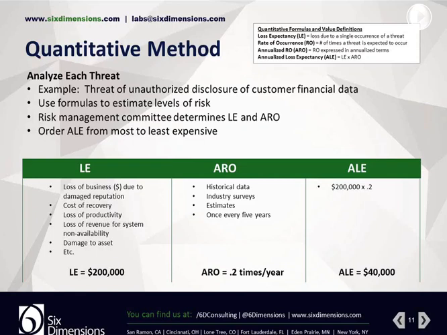And then we determined that the annualized rate of occurrence is only once every 5 years or 0.2 times per year. Well, we can expect a loss of $40,000 each year based on this particular threat.